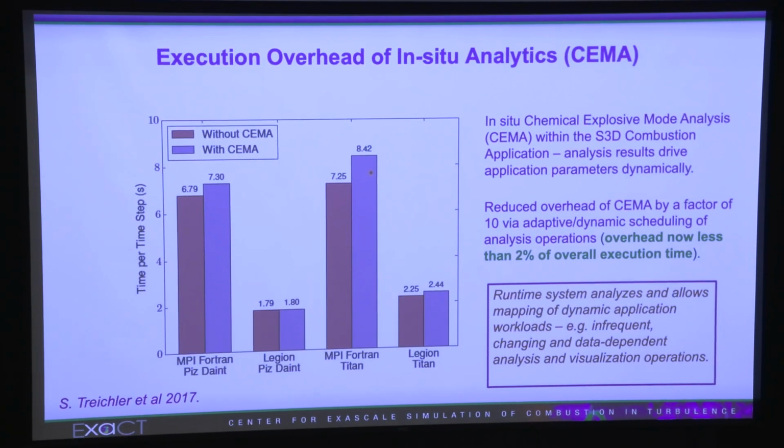You can see that it took a little over a second to compute the CEMA on Titan, half a second on Piz Daint, but we essentially got it for free. Cost is about the same on Piz Daint with Legion, and only an 84% cost savings on Titan.